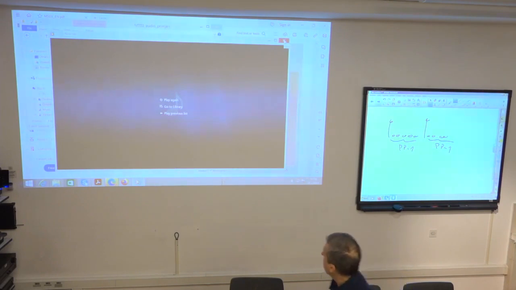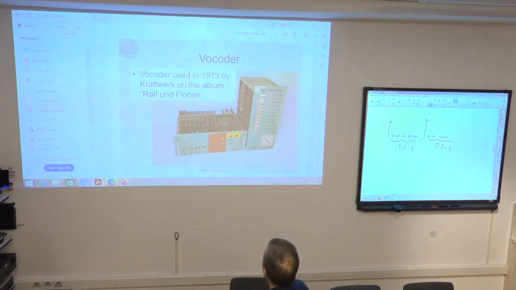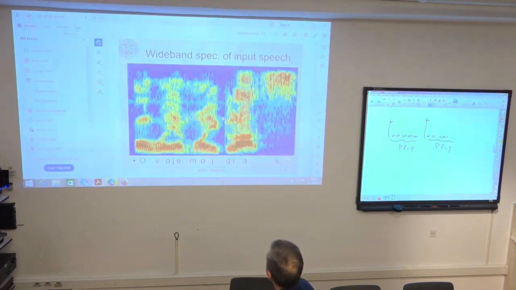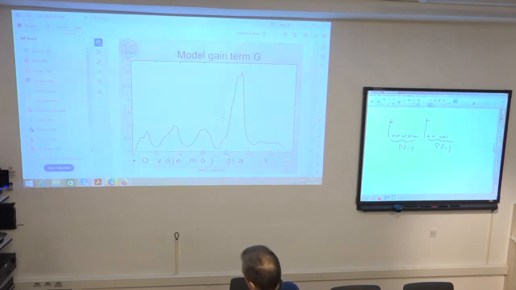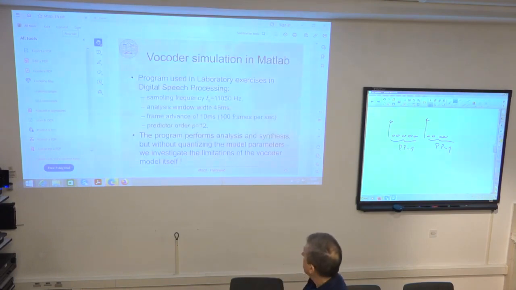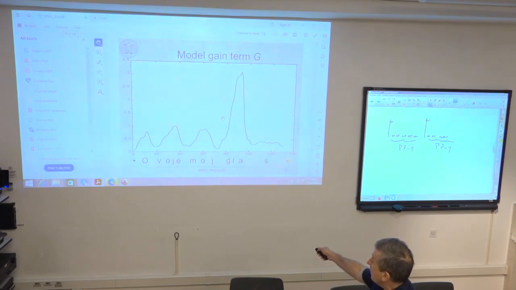And what it does is shown in these slides. It computes the gain term. So you see here, I have to find the gain term for each analysis frame. What is the factor G, the gain term?